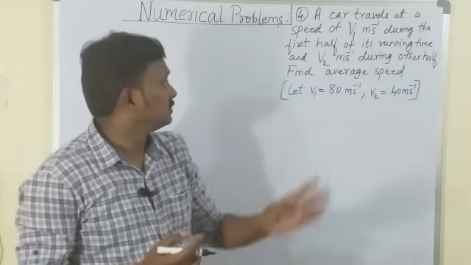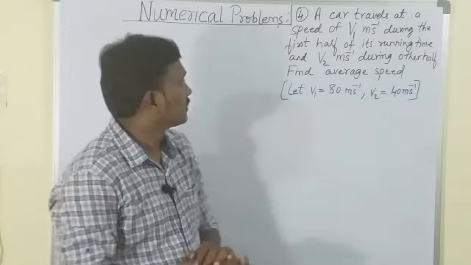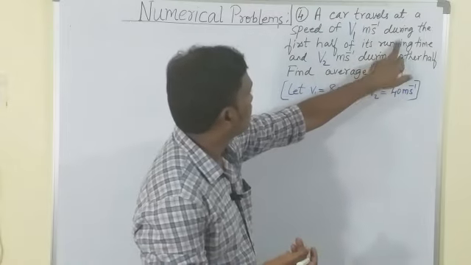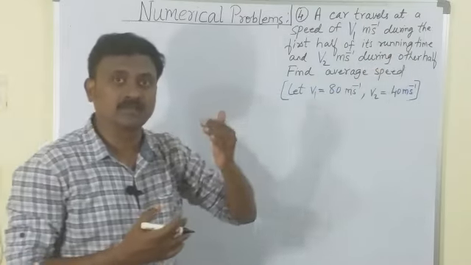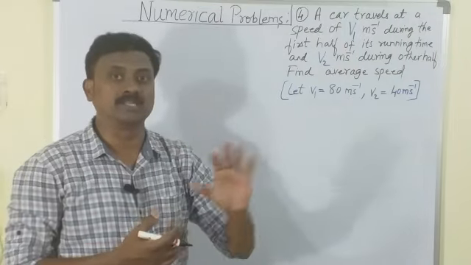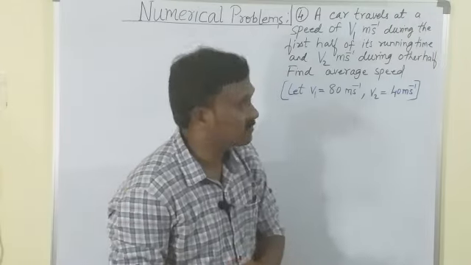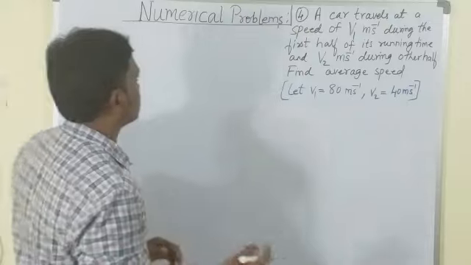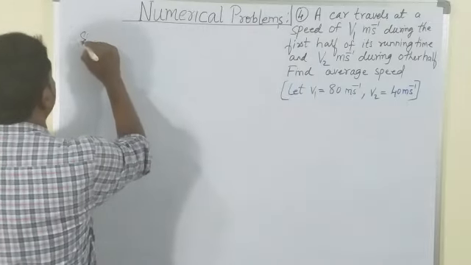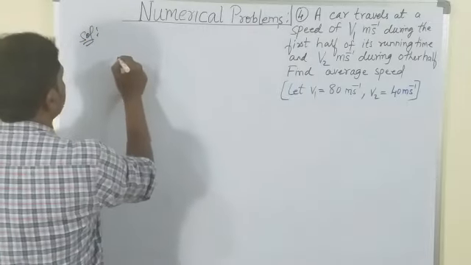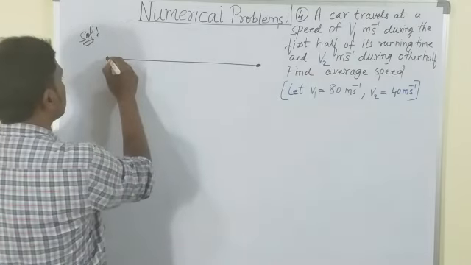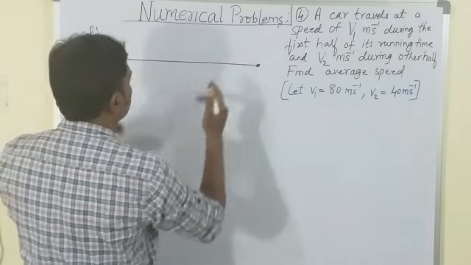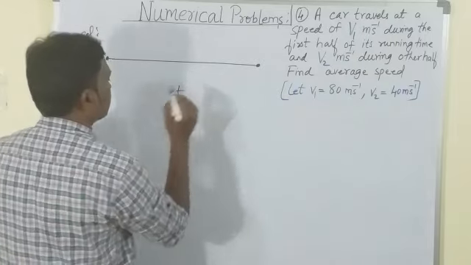Right. Okay children, let us see the fourth problem now. Here we are talking about the first half of its running time. Previously it was the first half of the total distance; here it is the first half of the running time. So let me say the total time to travel this distance is t.